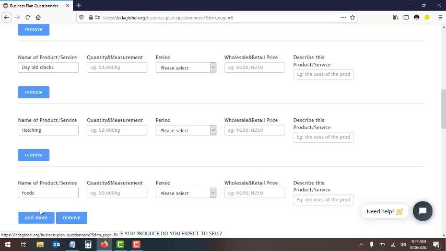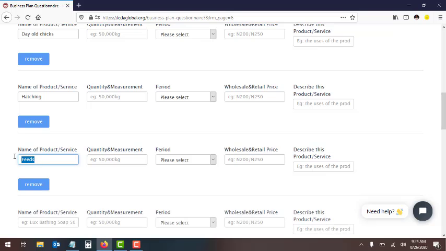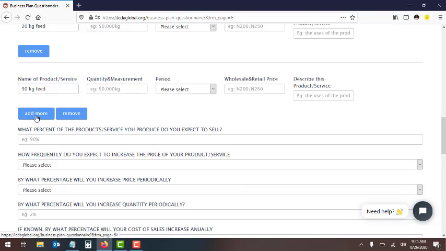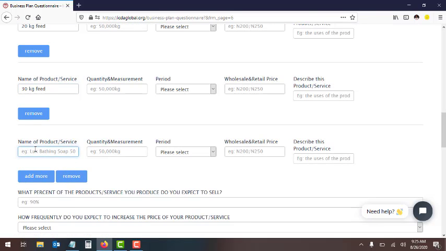You produce feeds, and maybe you produce 20 kg feed and 30 kg feed, and also 50 kg feed.